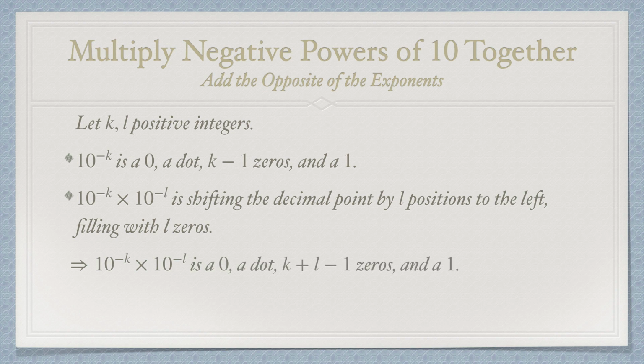So 10 to the power minus k multiplied by 10 to the power minus l is a 0, a dot, k plus l minus 1 zeros, and a 1. So it is 10 to the power minus k plus l. You add the opposite of the exponents.